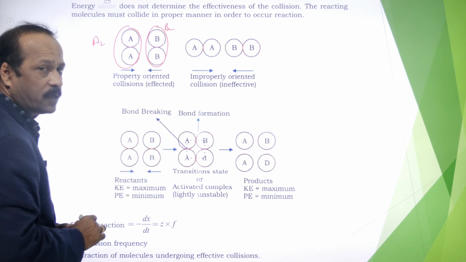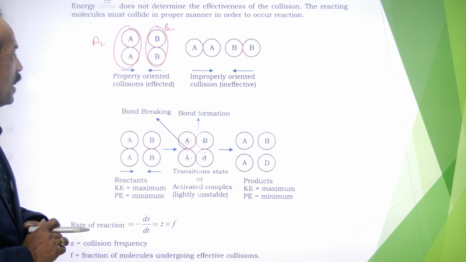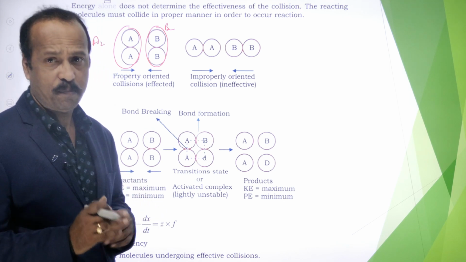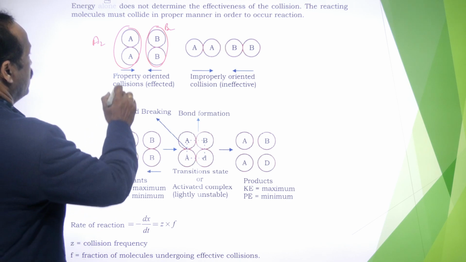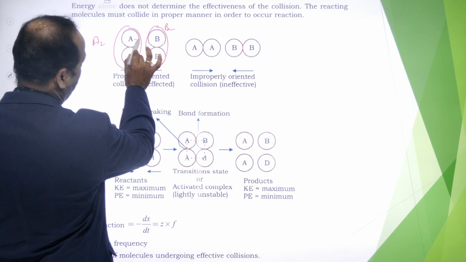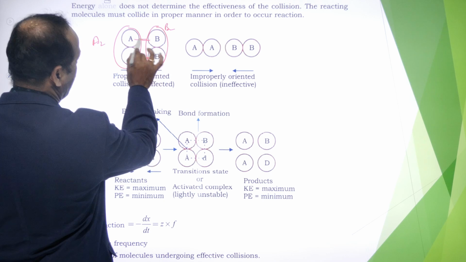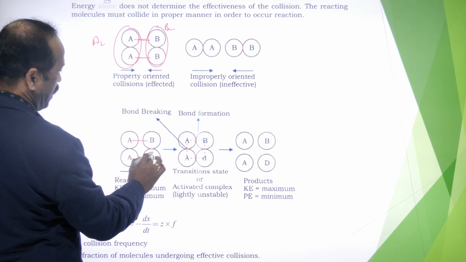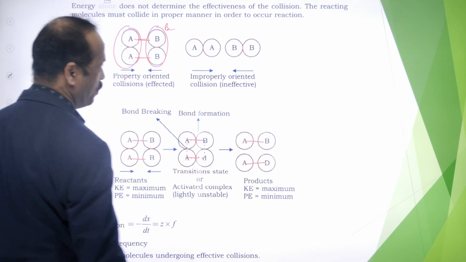Now, both will combine to form the product. Clear to you? Now, what happens, students, is when both come like this, A and B are colliding at both places. Now it forms a product. So AB, AB, like this a product will be forming.